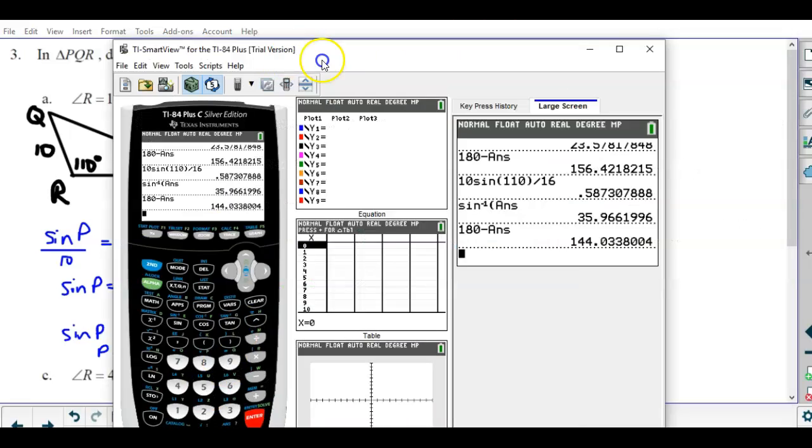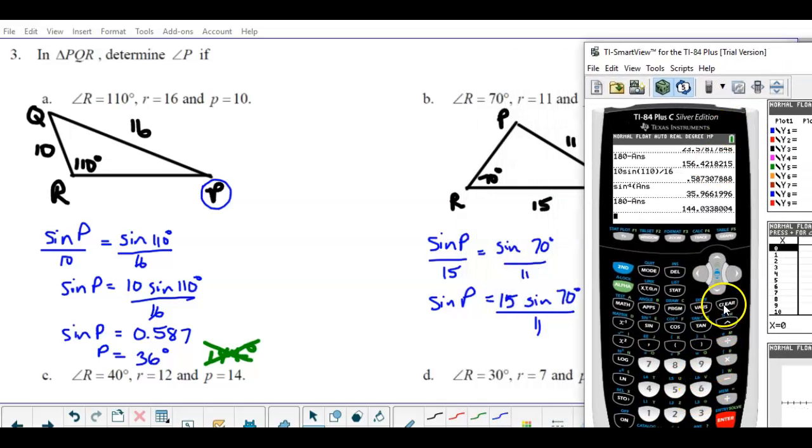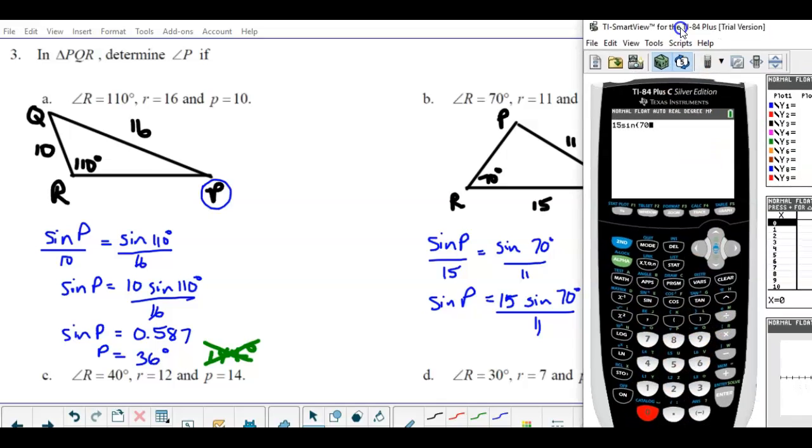Okay, so now I can't really see it. So we're going to go 15 sine 70, close the brackets, divide by 11. And I get a number that's bigger than 1. 1.281.